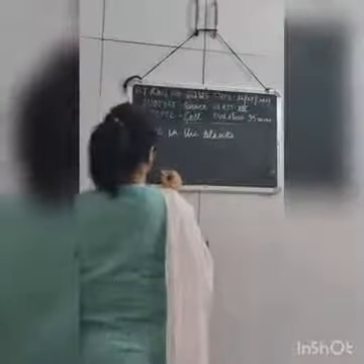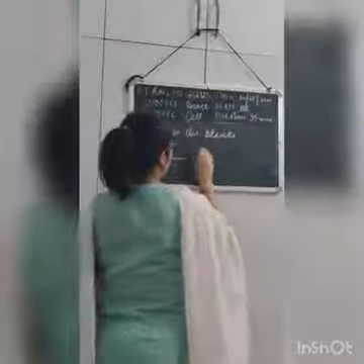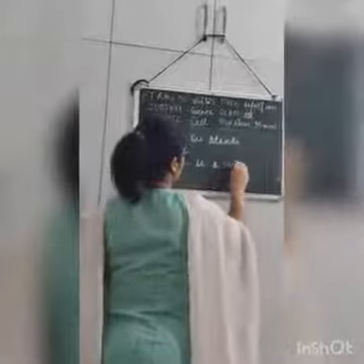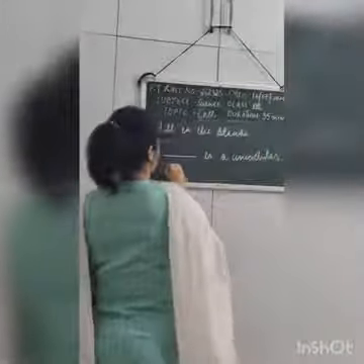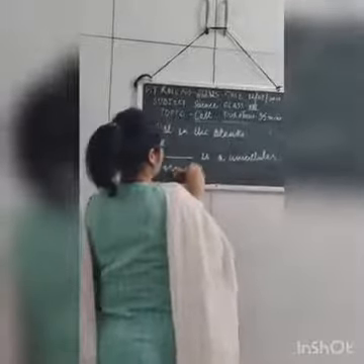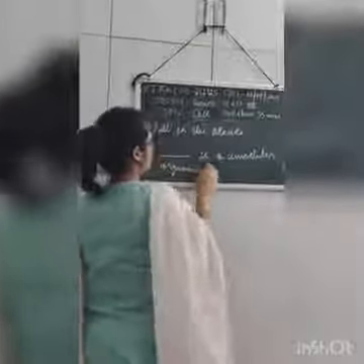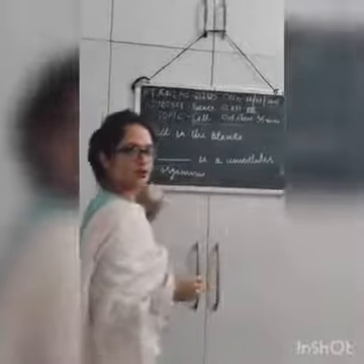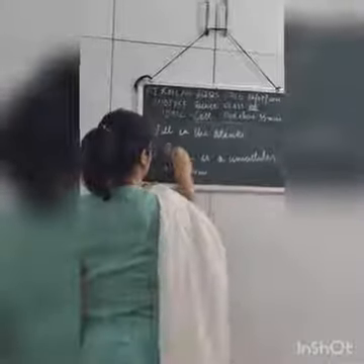The next is dash is a unicellular organism. So any unicellular organism? Bacteria. Very good.